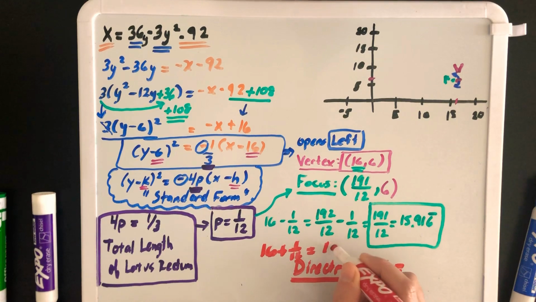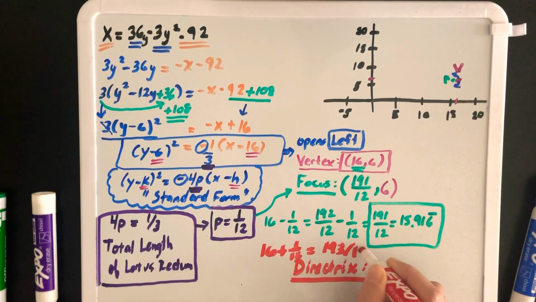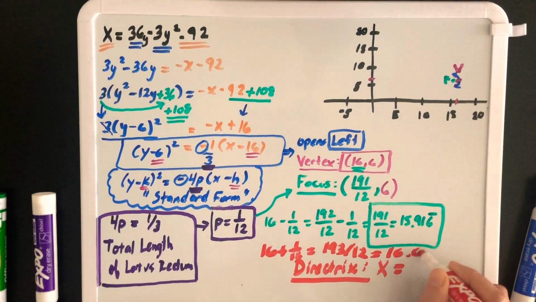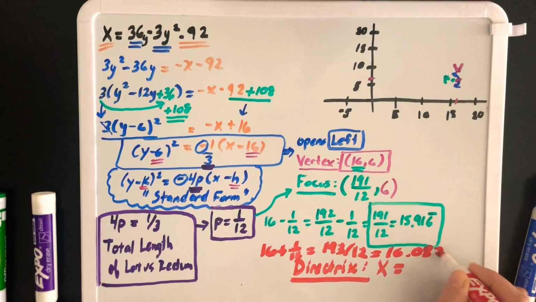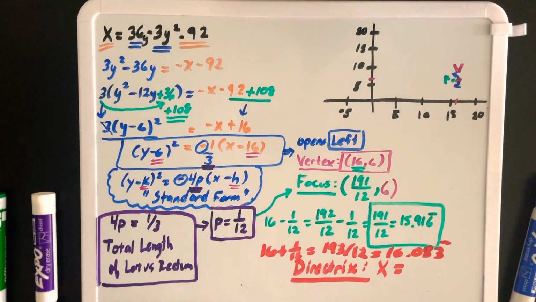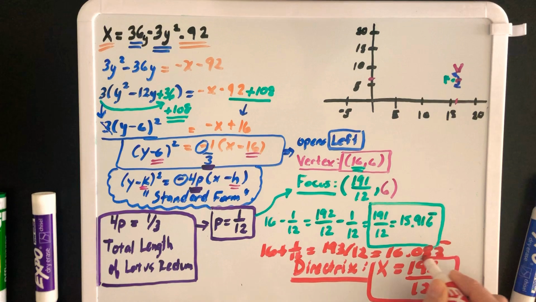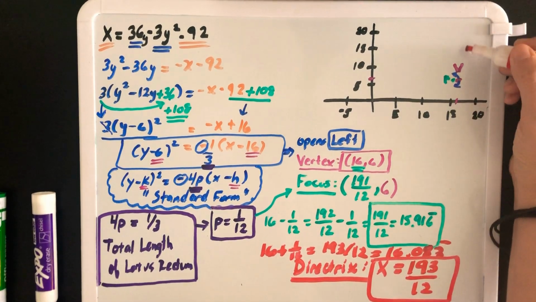So I'm getting 193 over 12. And 193 over 12 is the same thing as 16.083 repeating. So it turns out that the directrix is at x equals 193 over 12, also known as 16.083 repeating. So that's going to be right behind this vertex.